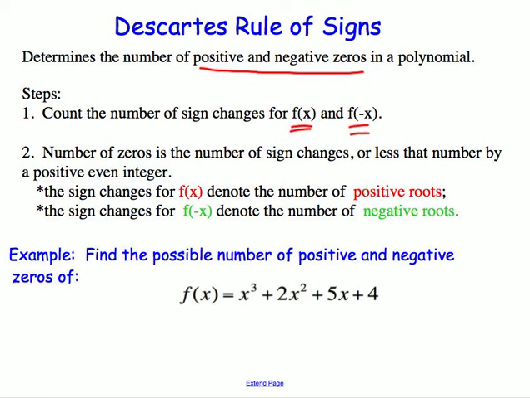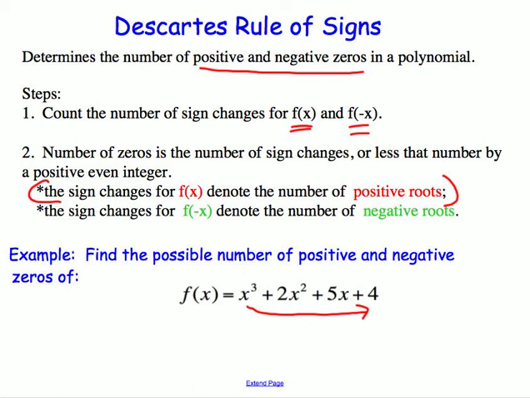When we talk about sign changes, we're looking for things that are positive or negative, switching from plus to minus and going back and forth. Looking below at f of x, we see 0 sign changes because it's all positive quantities. Because there are 0 sign changes, step 2 tells us there are no positive roots.